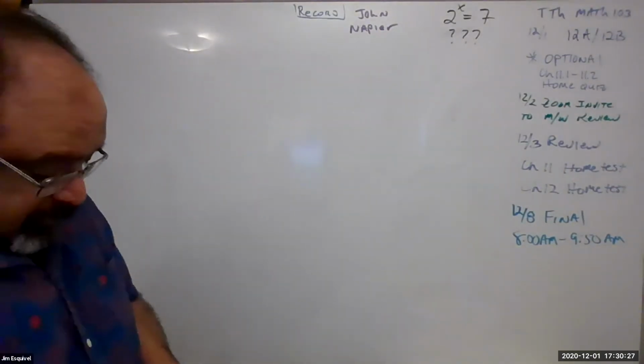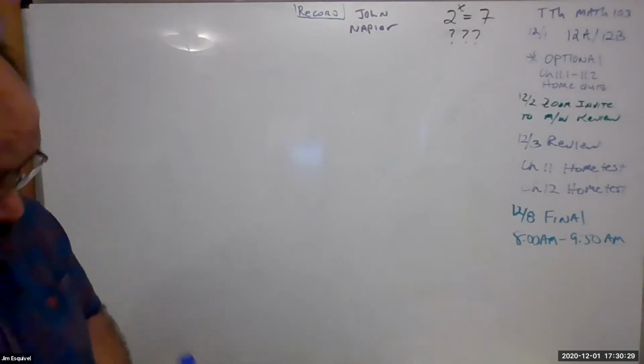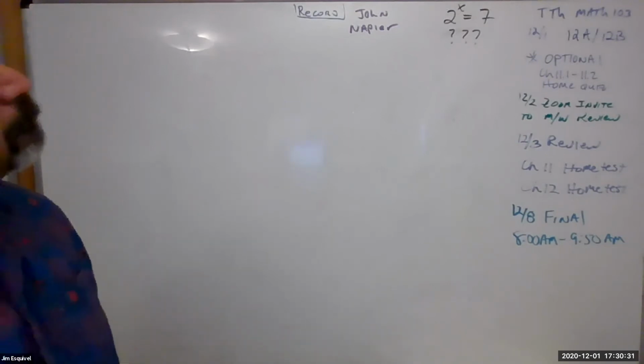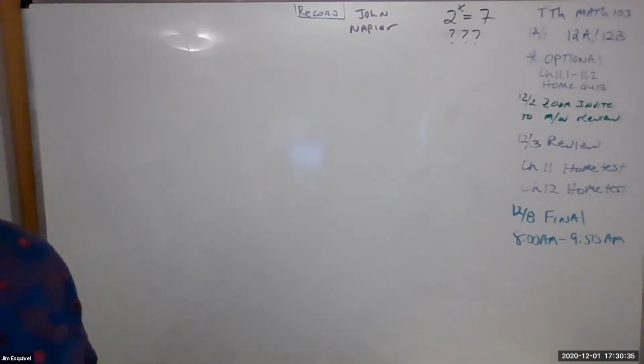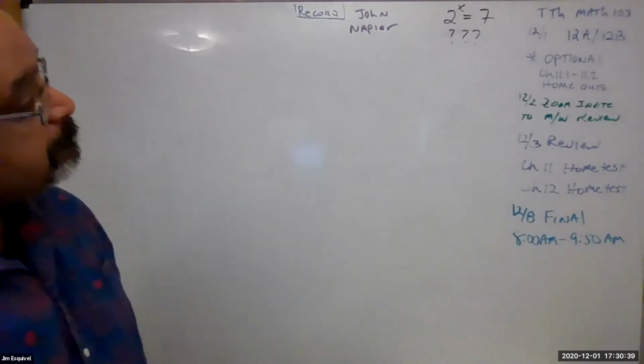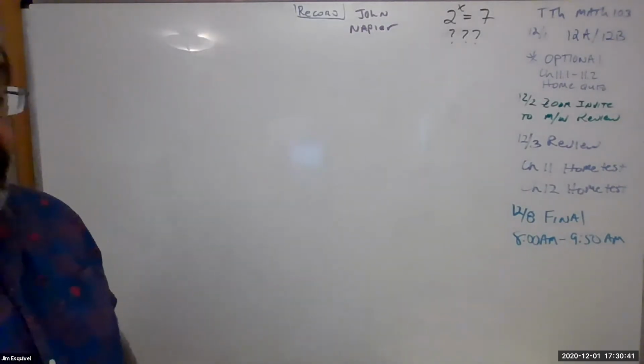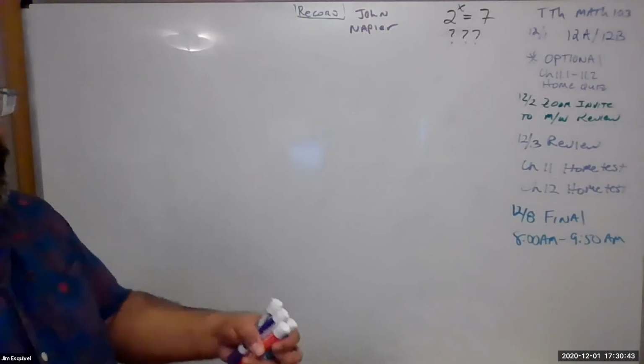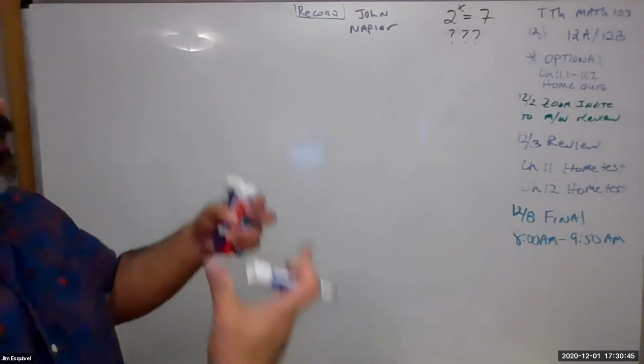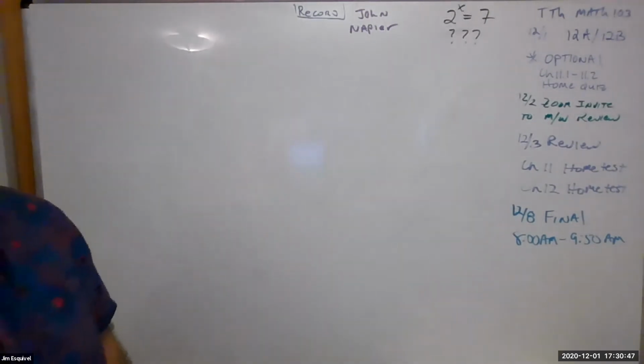And if it's not Scottish, it's crap. And he discovered logarithms about the 1400s, 14 to 1500s. Logarithms is the notation that we use to undo exponential equations.